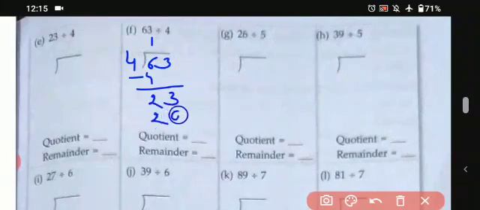So we'll write here, and when we do the minus, 23 minus 20, that is 3. Okay, so we'll be writing here 15 as the quotient and 3 as the remainder.